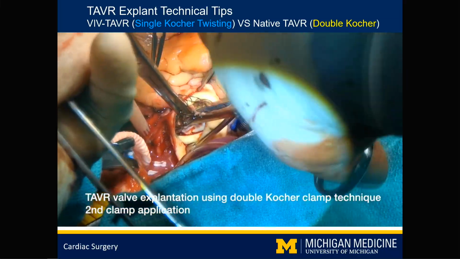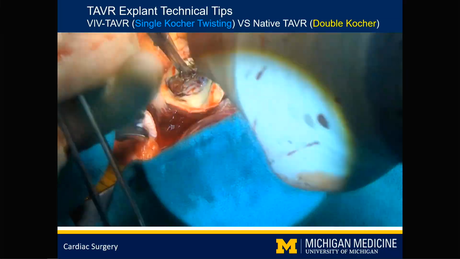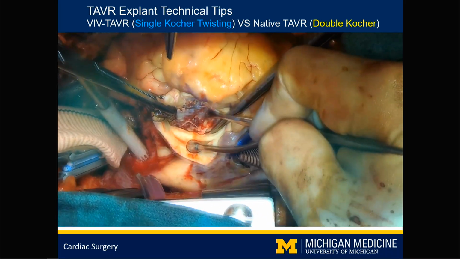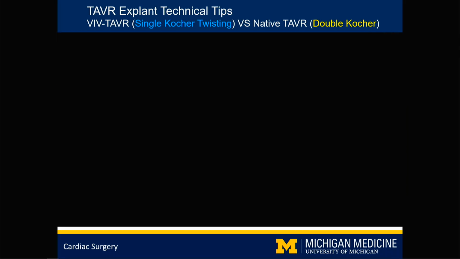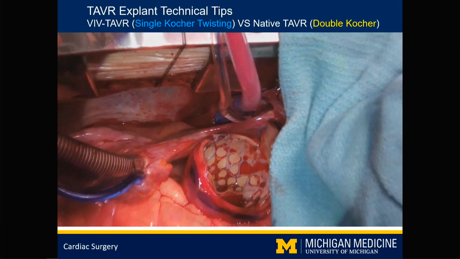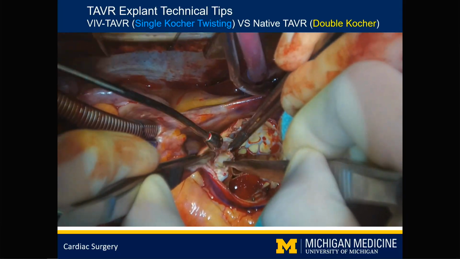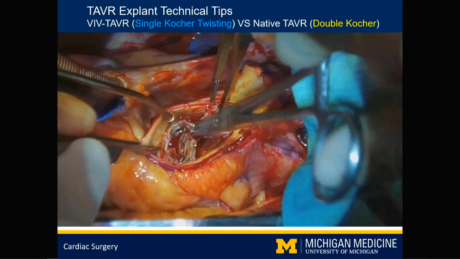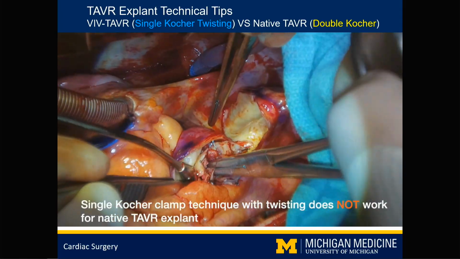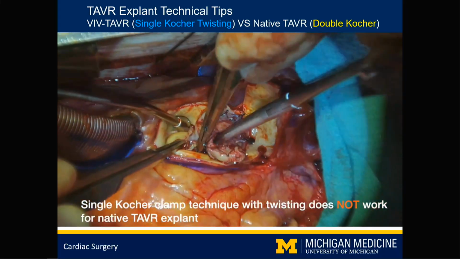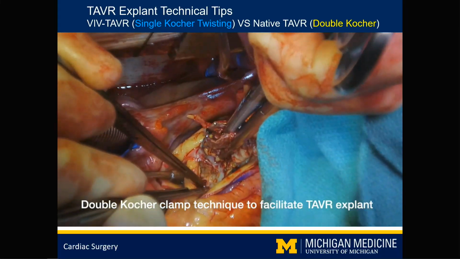So we typically take another cochlear clamp and get all the sharp edges facing inward, and then spend a little bit of extra time, and nothing bad happens. You just have to be patient. Again, with native TAVR, if you twist, you can possibly shred the aorta, so you have to be a little bit cautious.